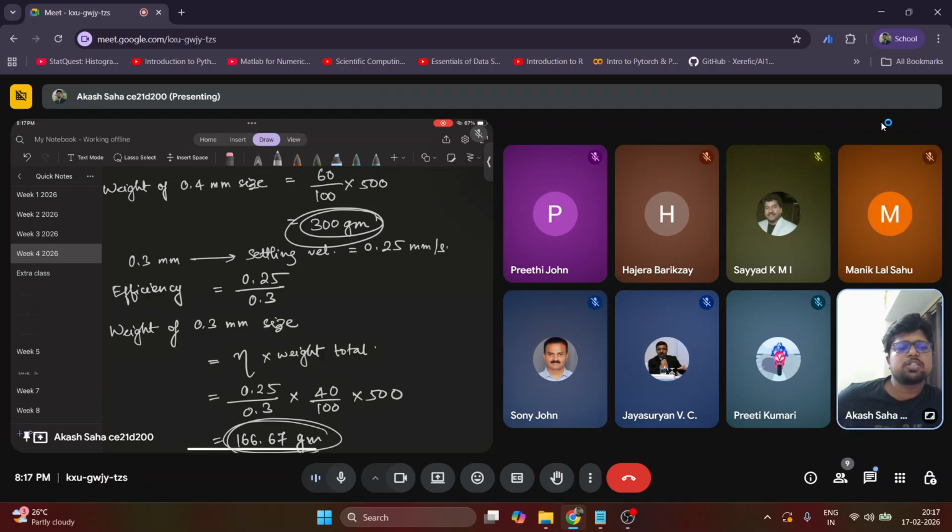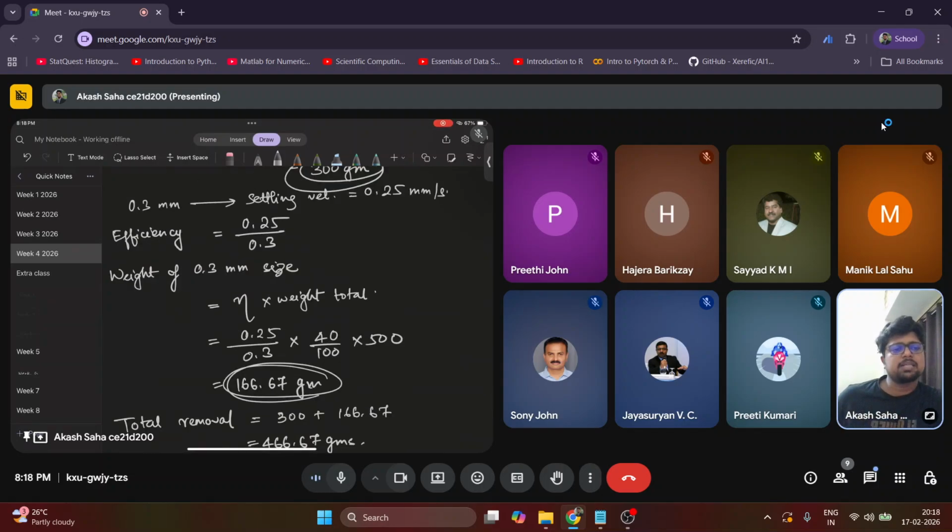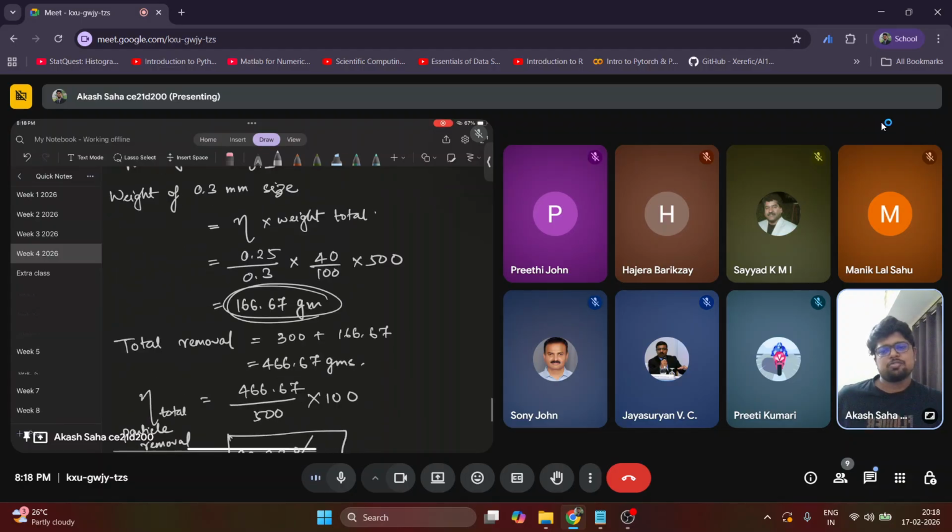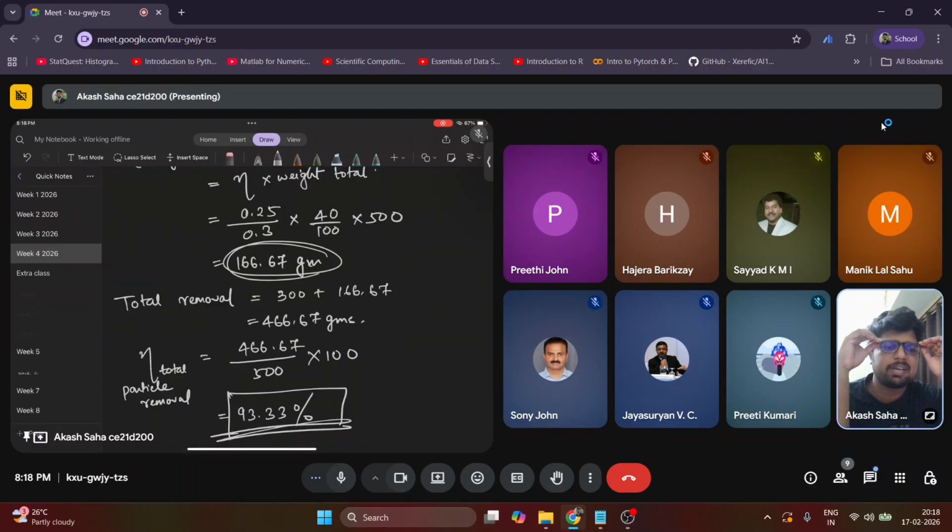So the removal efficiency of 0.3 mm particle will be 0.25 by the overflow rate, so 0.25 by 0.3. Now how much 0.3 particle size is there? That is 40% of 500. So we'll multiply the efficiency with the amount of 0.3 particles. We get 166. We will add both the amounts. We will get 466. Then the total removal efficiency will be 466 by 500. Am I clear? Any doubt in this? Is it making sense?